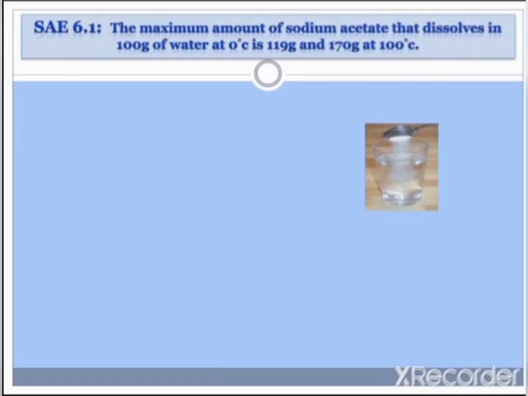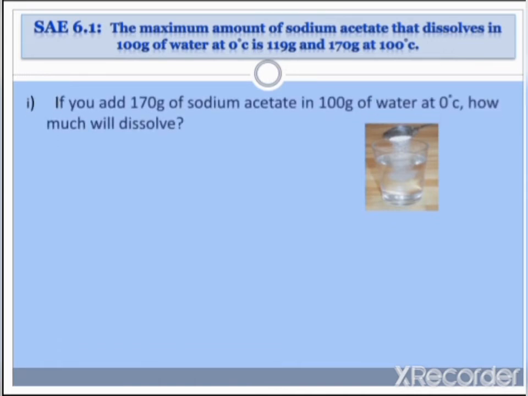The maximum amount of sodium acetate that dissolves in 100 grams of water at 0 degree centigrade is 119 grams, and 170 grams at 100 degree centigrade. If you add 170 grams of sodium acetate in 100 grams of water at 0 degree centigrade, how much will dissolve?